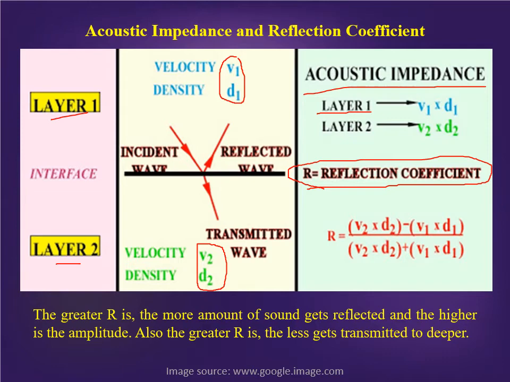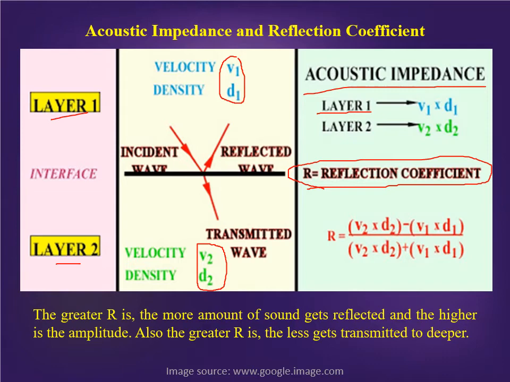which is basically the difference between the acoustic impedance of these two layers. So the greater the difference in acoustic impedance of these two layers, the more reflection of the incoming wave will occur.